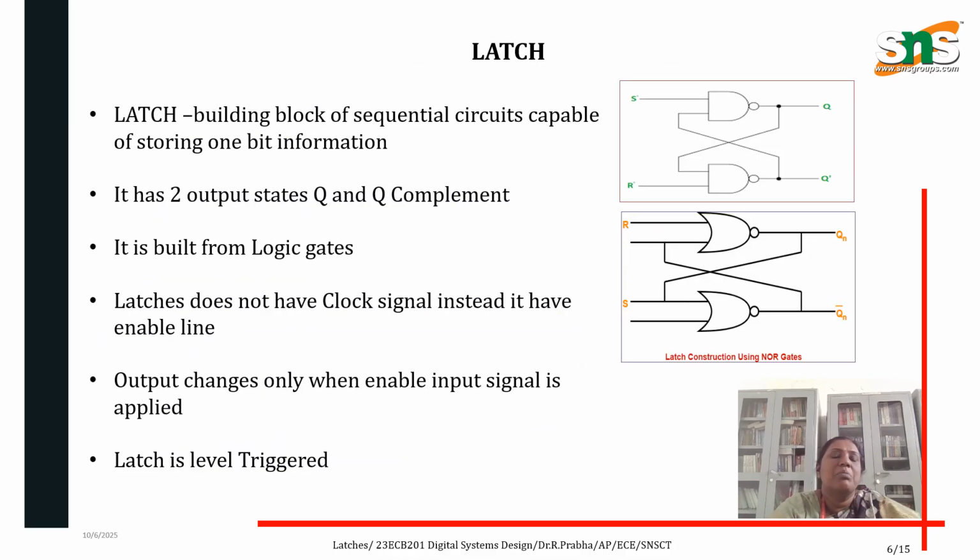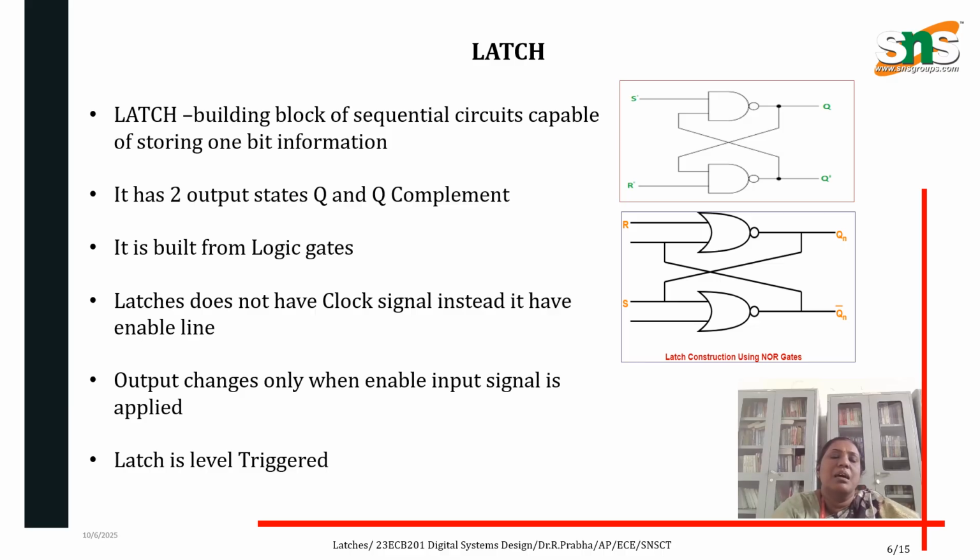A latch is a building block of a sequential circuit capable of storing one bit of information, and it has two states. One is Q and another one is Q bar or Q complement, and these two states are always complement to each other, and it is built from logic gates, either NAND gate or NOR gate.